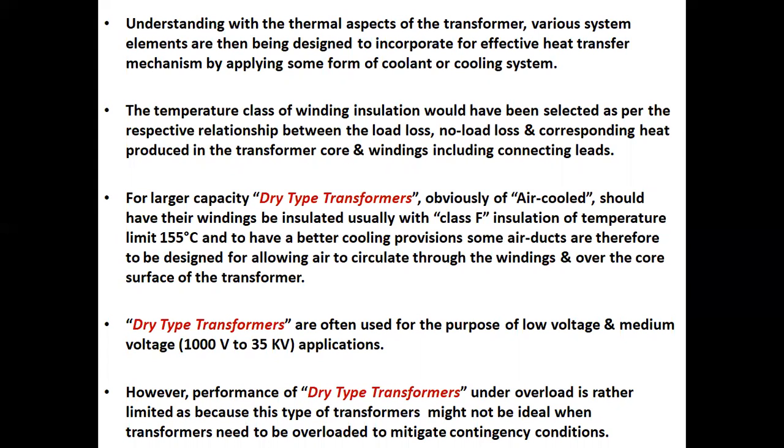Larger capacity dry type transformers, which are air cooled, should have their windings insulated, usually with class F insulation of temperature limit 155 degrees centigrade. And for better cooling, air ducts are designed to allow air to circulate through the windings and over the core surface of the transformer.